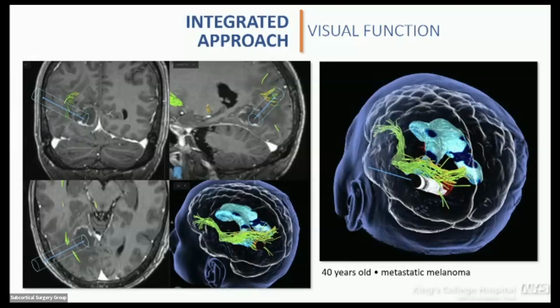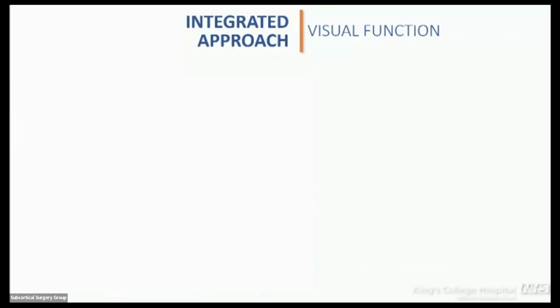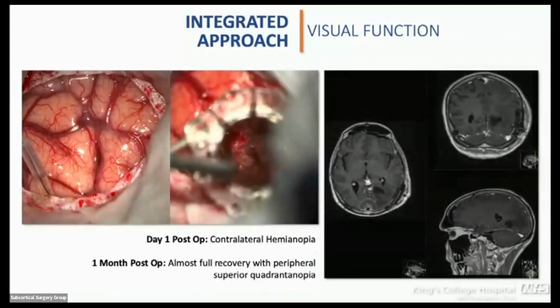We decided to try again a MIPS approach. We did our tractography. We identified a corridor that was below the optic radiation all the way down to the tumor, and this is exactly what we did in this case. Again, through the intraparietal sulcus, you see the strip that is located towards the visual cortex, and we managed to do a good resection of the lesion.